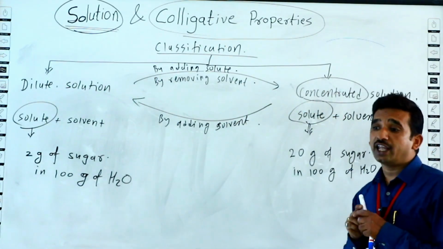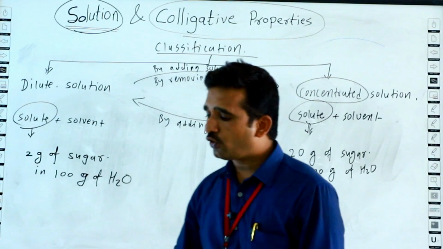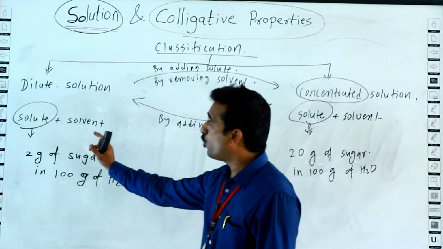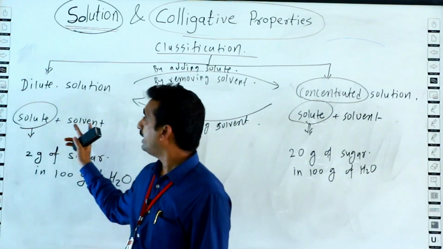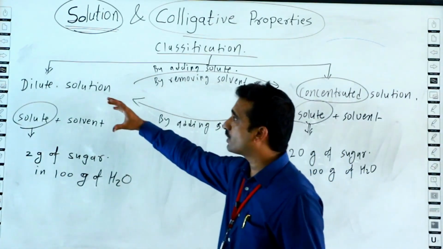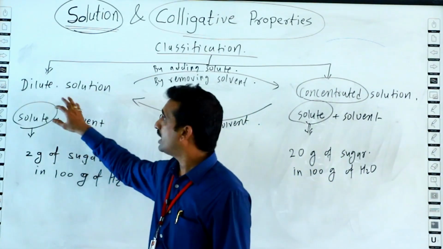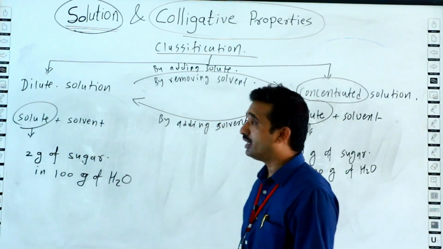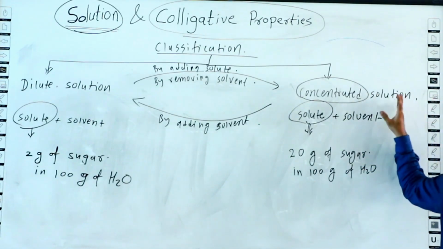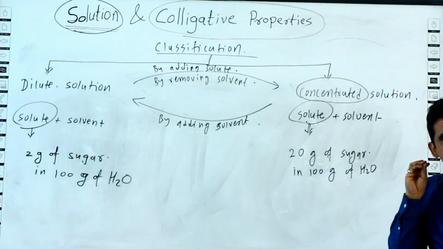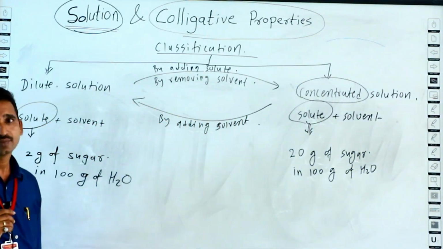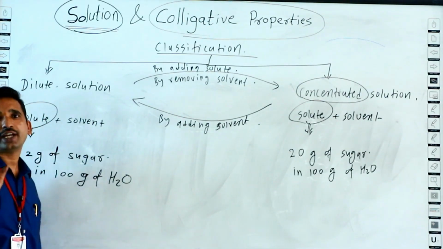Here is again the next classification of solution on the basis of how much quantity of solute is present in the given amount of solvent. If the quantity is a very less amount, then it is called as a dilute solution. If the quantity is in a larger amount, then it is called as a concentrated solution, because these two types of solution are not perfectly explained.